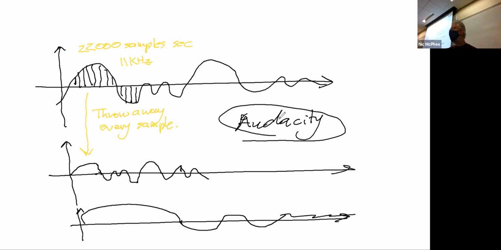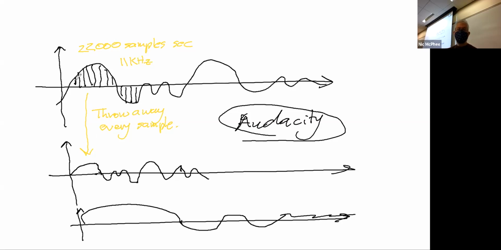So 11,000 hertz is about the highest frequency that we can capture at that sampling rate. And if you remember, human hearing goes up to about 20,000 hertz. So we're already unable to capture a whole bunch of high frequency sounds that the human ear is typically capable of hearing.